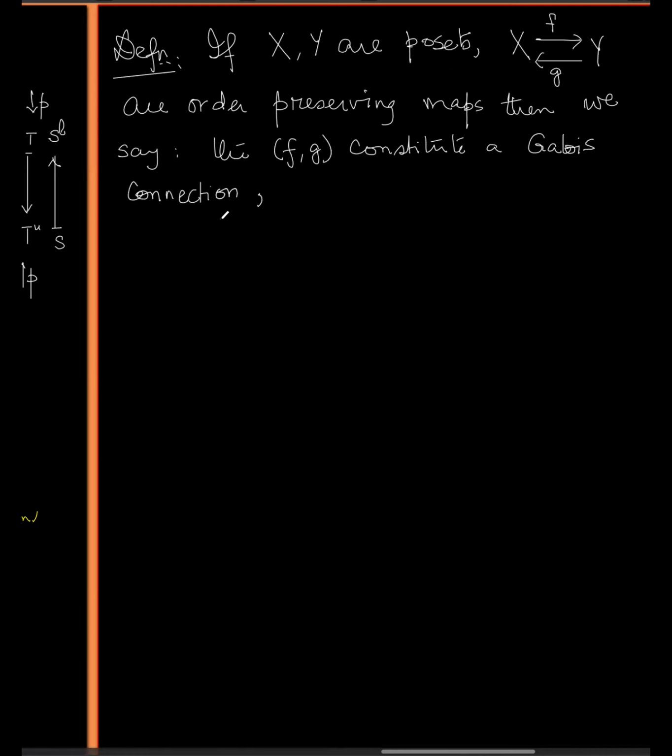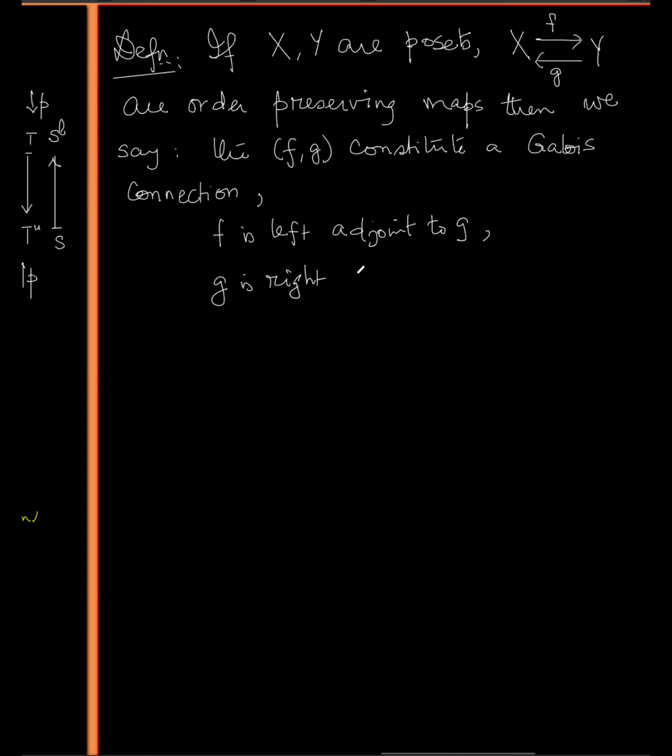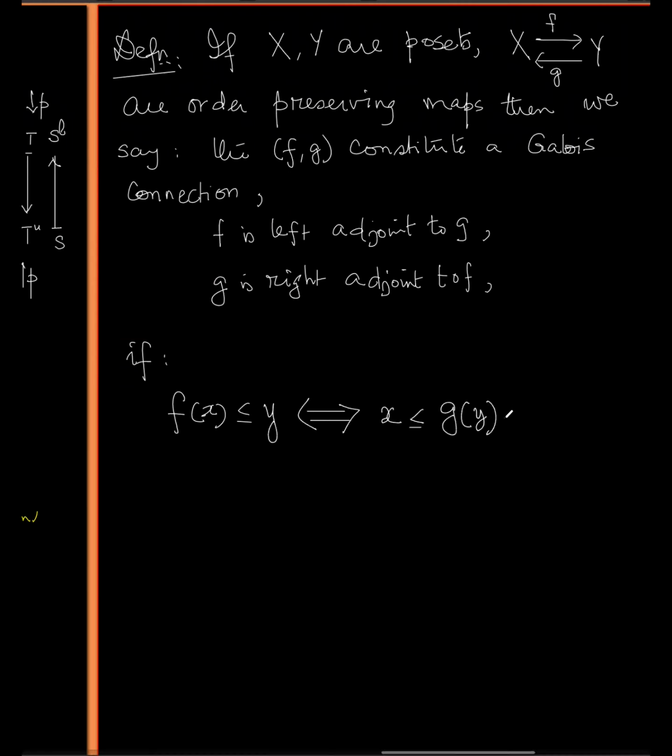Alternatively, we say that F is left adjoint to G. Alternatively, we say G is right adjoint to F. So all these things are synonymous if this condition holds: F of X is less than or equal to Y if and only if X is less than or equal to G of Y.